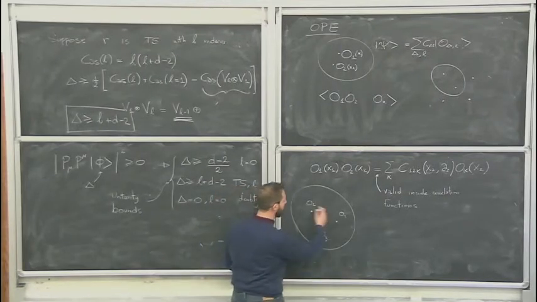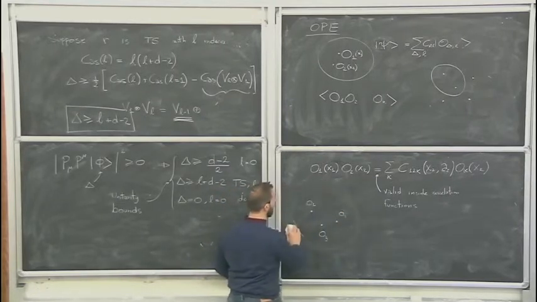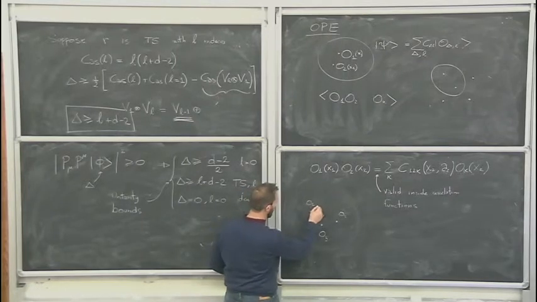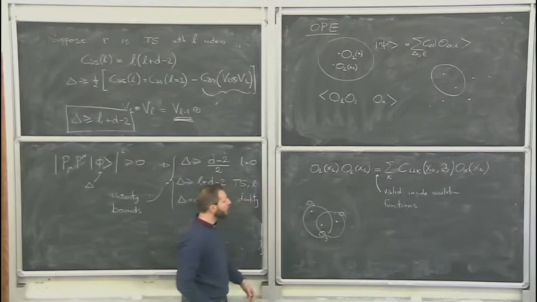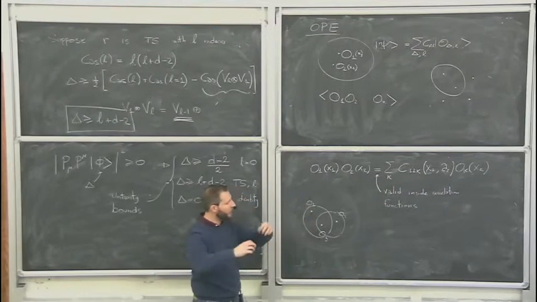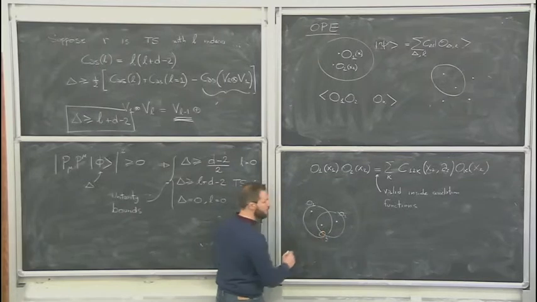The only place where the operator product expansion would be valid would be, for instance, on a sphere like that, or on spheres like that. But you cannot replace O1 or O2. You can only replace things that are closer than any other operator. Is this clear?